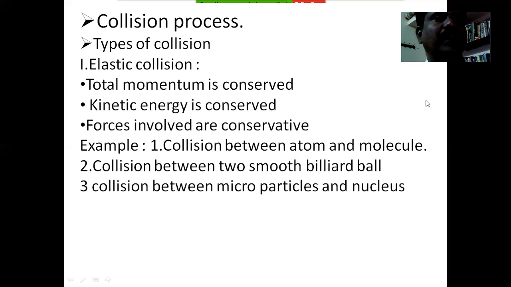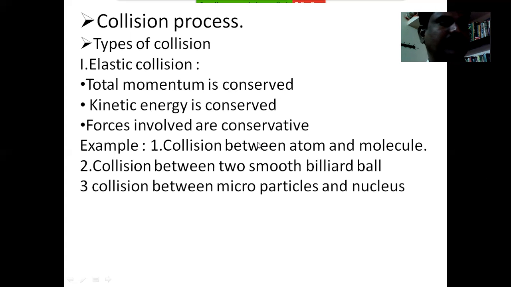Collision is a process that takes place when two particles interact with each other. During interaction, there may be a change in momentum as well as kinetic energy. There are two types of collisions: one is elastic collisions, the second is inelastic collisions.